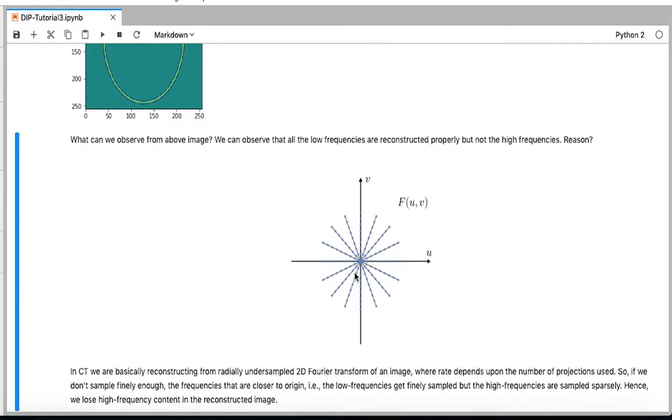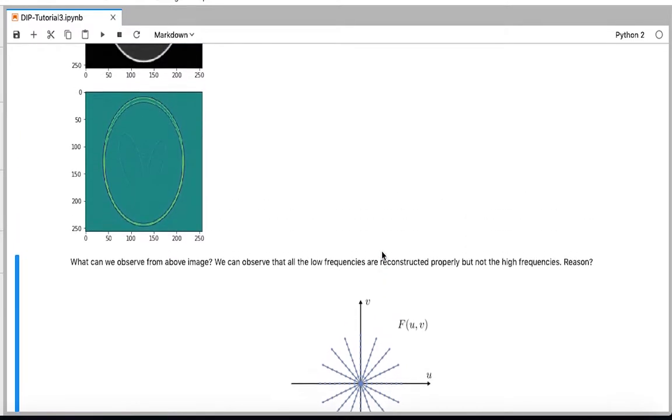Basically, you're taking projections from all the angles in the Fourier transform, each projection is each angle there, and when you're collecting them from, let's say, 180 degrees, you're missing some information in between. And when you miss some information in between, it's more evident when you're far away from the center, and less evident when you're closer to the center.